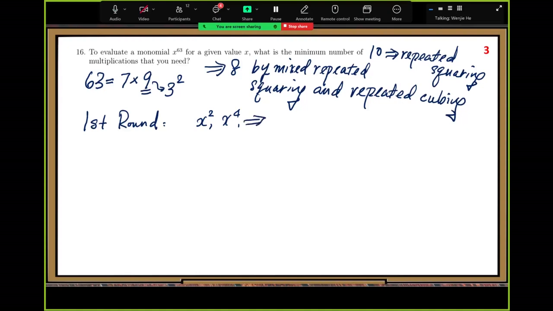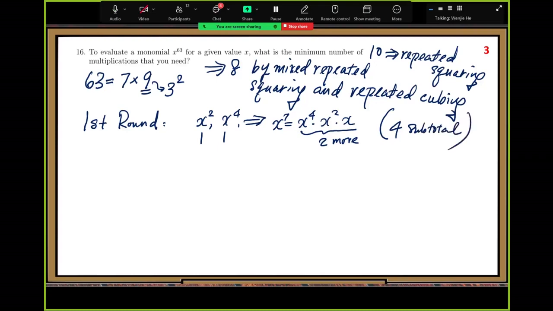Then x to the 7th equals x to the 4th times x squared times x. So one multiplication, the second multiplication, 2 more. So for x to the 7th, you need 4 multiplications subtotal. That's the first round.